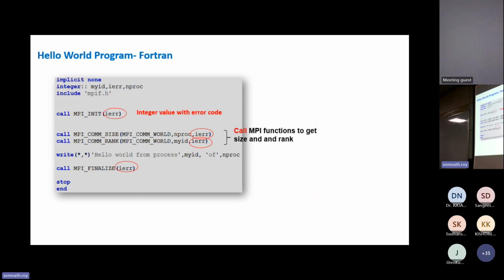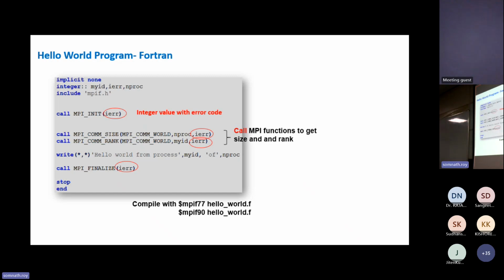If MPI works fine, this error variable returns 0, else it will return something else. Any MPI function is a subroutine in Fortran, which you call. It is similar: you initialize MPI, the header file is mpif.h, and then find the size and rank and finalize it.